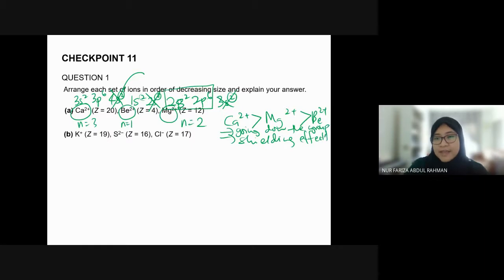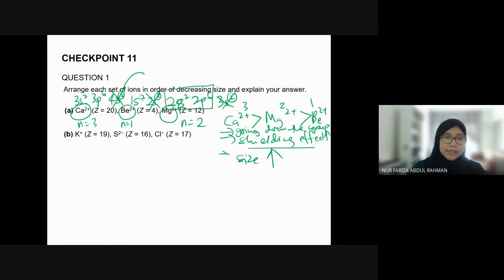Shielding effect increases due to the number of electrons. Or going down the group, the n increases. Okay, the n increases, 3, 2, 1 just now. The n increases, the number of electrons also increases, and the shielding effect also increases, which causes the size to become larger.